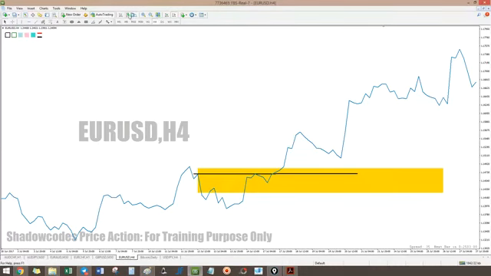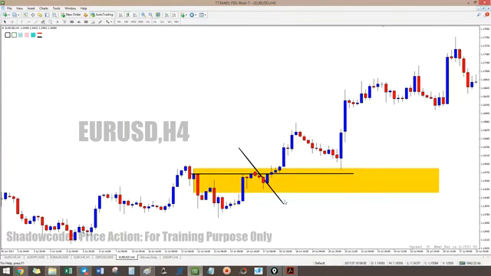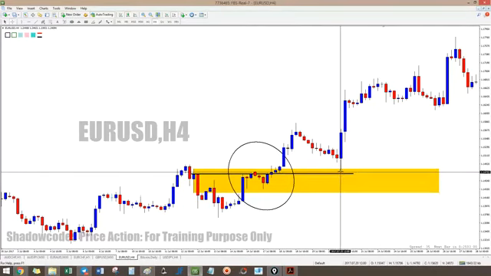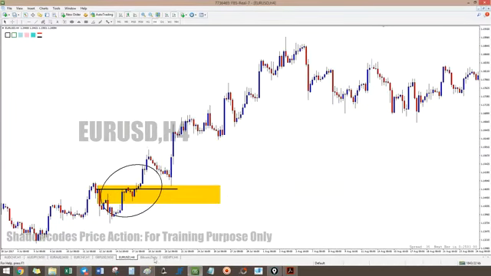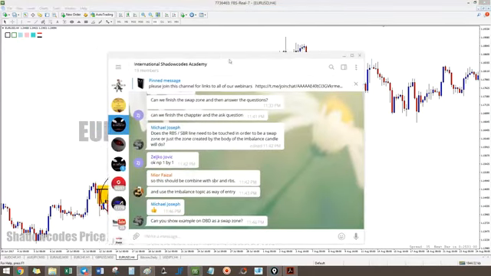This is our drop base drop, and then it eventually breaks. And then we have an entry here at the swap zone of this one. Am I answering the question? Or do you want more examples?